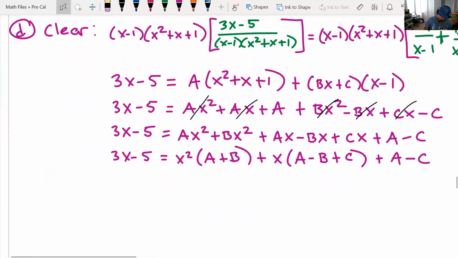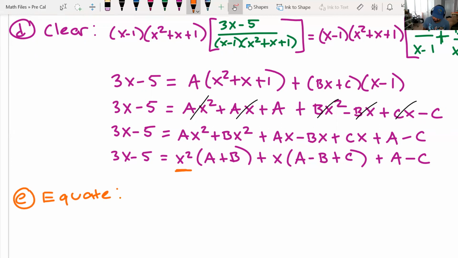All right, so that's done. So now we can equate again. Looking at this, there's an x squared here, but there's no x squared there. So once again, what equates to nothing is 0.